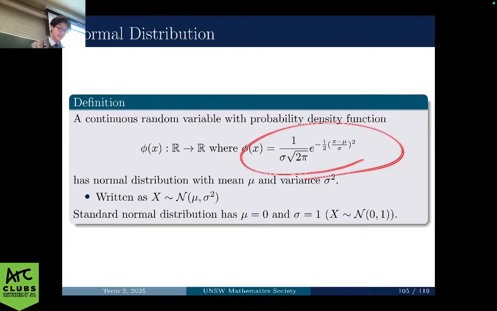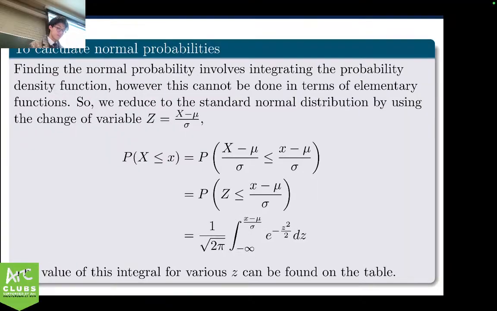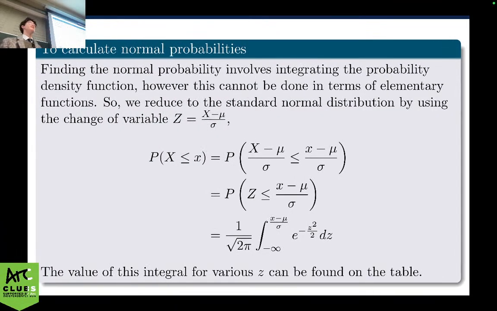If we have a standard normal distribution, our mean will be 0, so right at the center, like this, and then the variance will be 1. So these are our parameters for a standard normal distribution. In terms of calculating normal probabilities, we are given a Z table of the cumulative distribution function of the normal distribution.